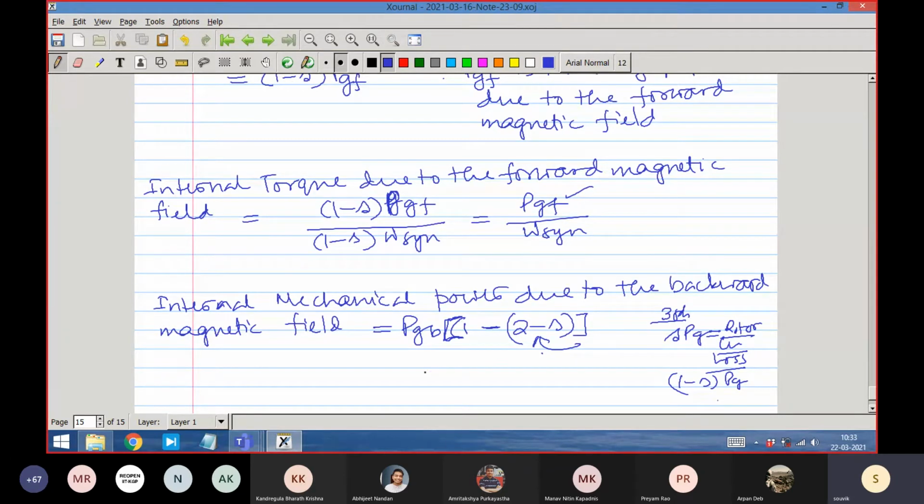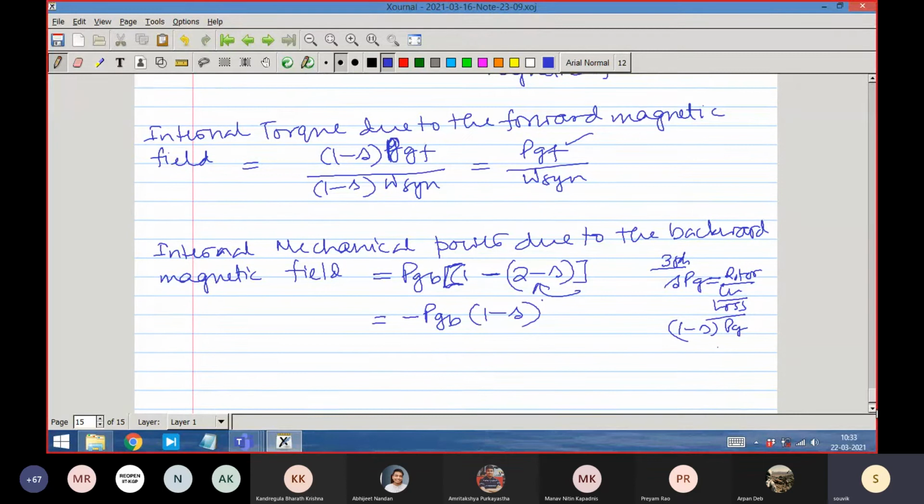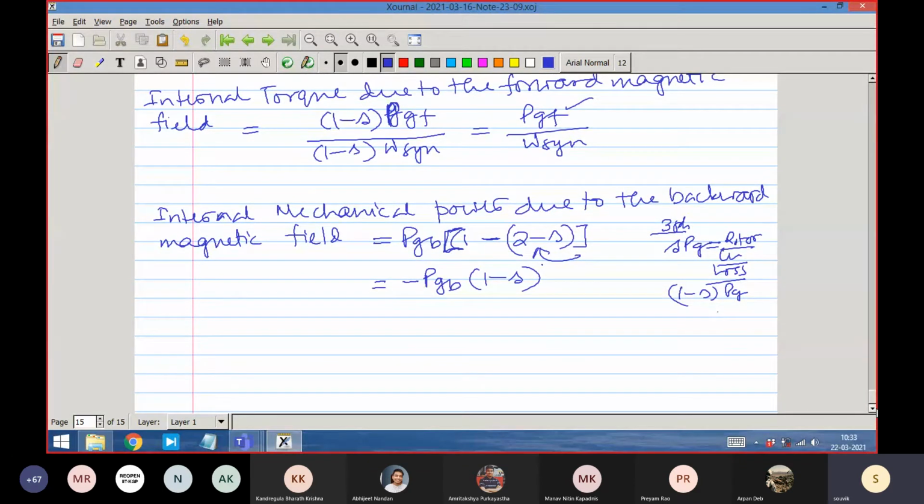So this is equal to minus PGB into 1 minus S. You see the internal mechanical power available for production of torque in case of a backward magnetic field has changed its sign. It is minus.